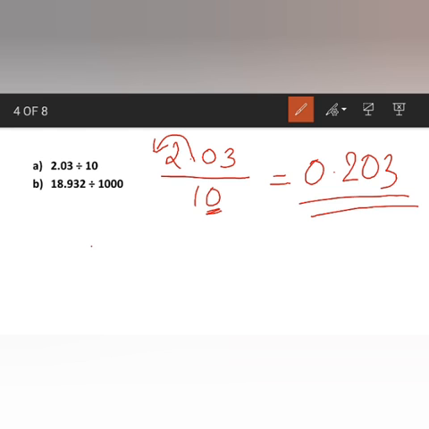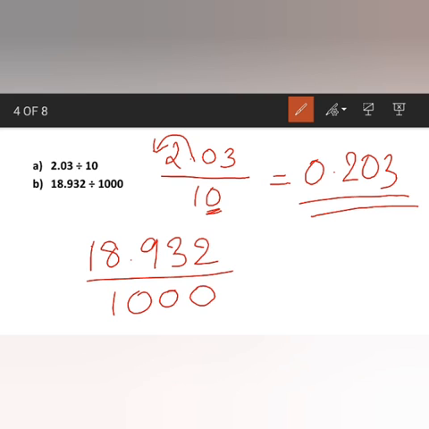It is 18.932 divided by 1000. How many zeros are there in 1000? 3 zeros. So, we have to shift the decimal point 3 places to the left. When we are shifting, it will be 1, 2 and 3, so we have to put an additional 0 here.